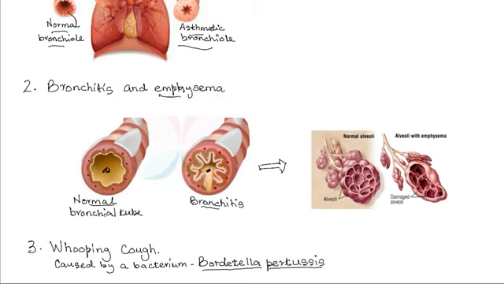So you can see there's mucus production here in the case of chronic bronchitis. This excess mucus clogs the air passages, resulting in persistent coughing and difficulty in breathing. So these are the clinical symptoms of chronic bronchitis.